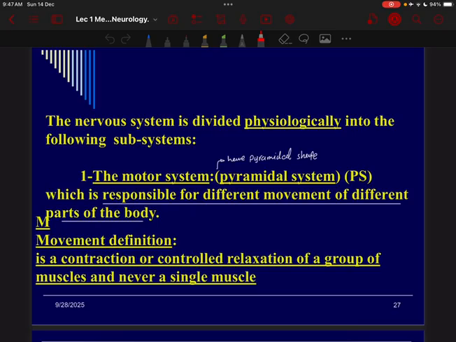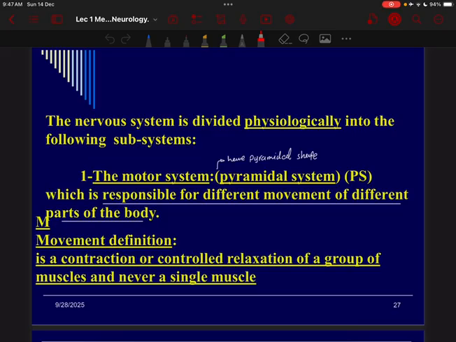Now, what is the detail of the anatomical organization of the motor system? The motor system, or pyramidal system, is responsible for different movements of different parts of the body.